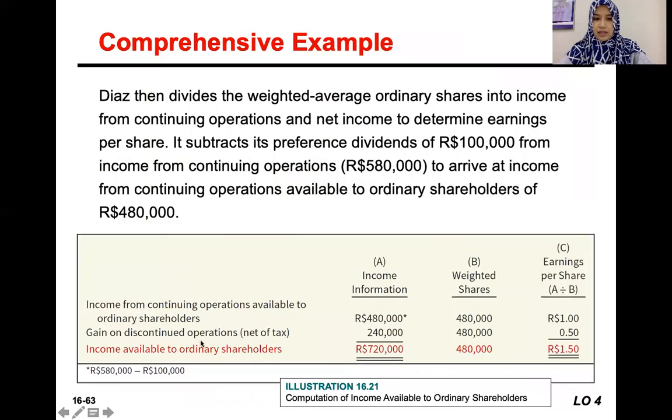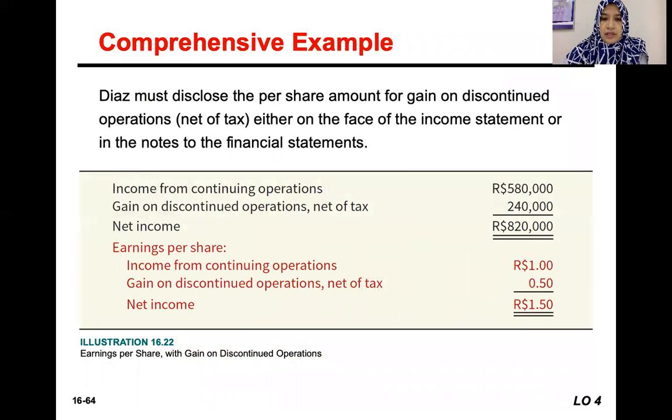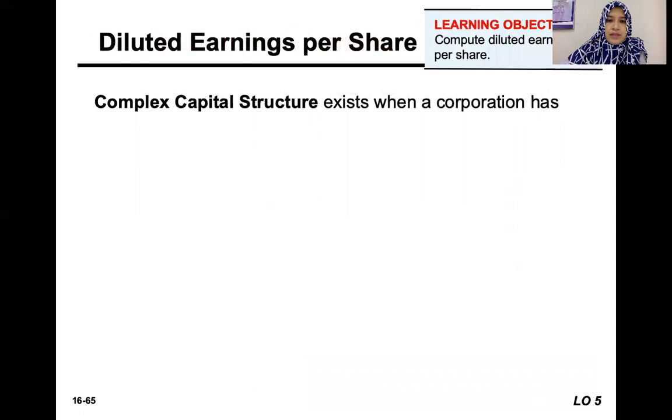In this case, it's a gain, not a loss. The per share amount for gain or loss on discontinued operation needs to be disclosed on the income statement or in the notes to the financial statements.